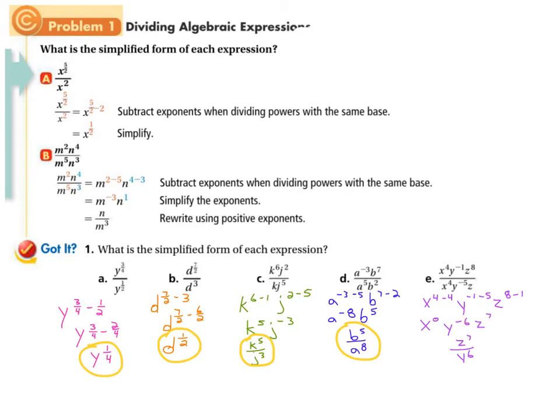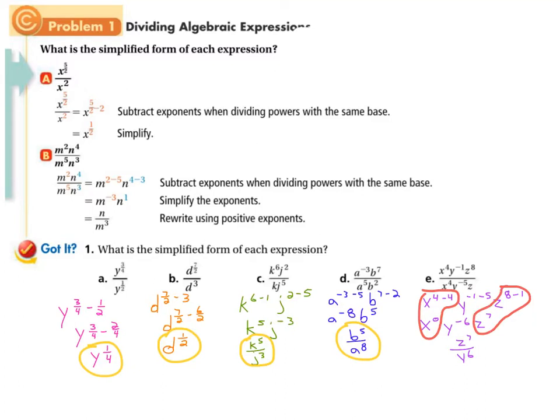But actually, and give me a chance to write it up top to correct my mistake, what I should have had is, of course, x to the 4 minus 4, that part's fine. Z to the 8th minus z to the first, that part's fine.